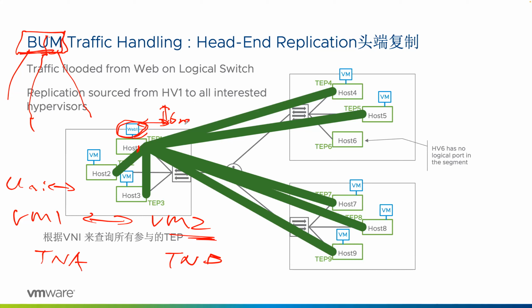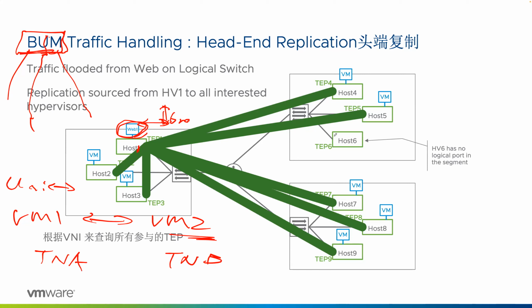Broadcast means that for the whole segment, which is the green segment, we have to ensure that every virtual machine on this same segment will get this broadcast packet or frame.